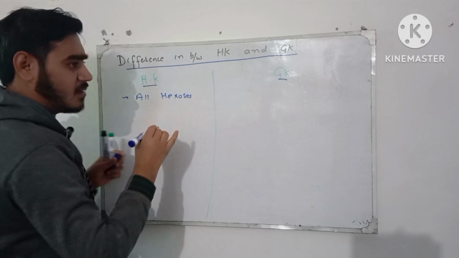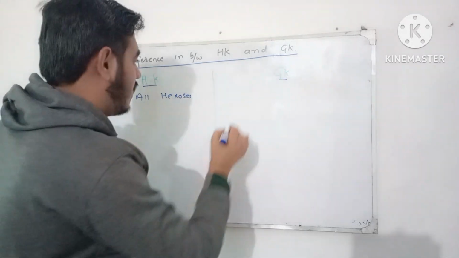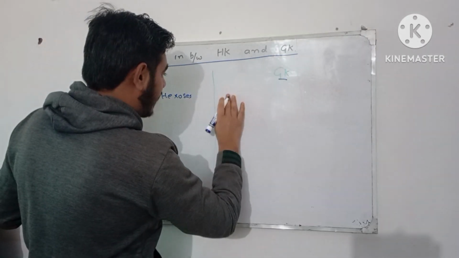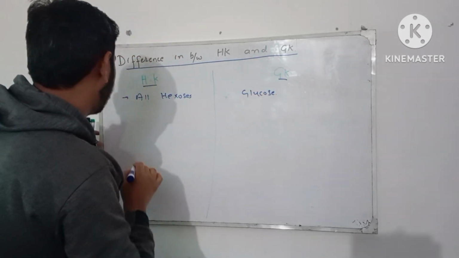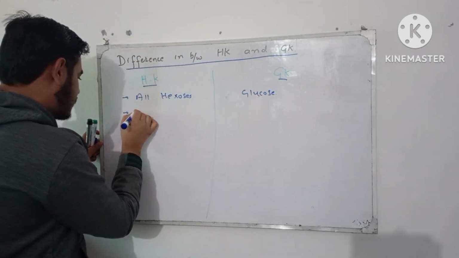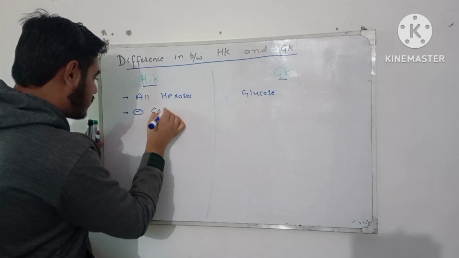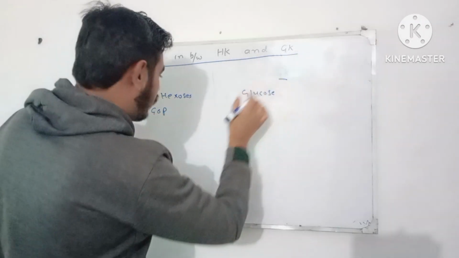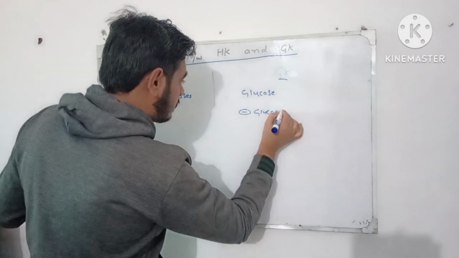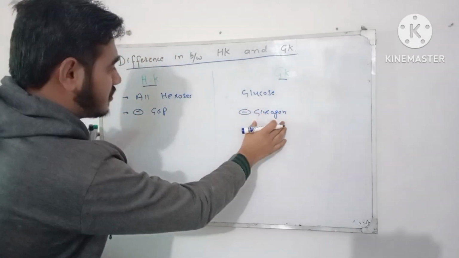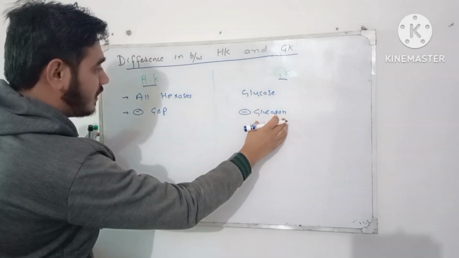Hexoses means 6 carbon atom containing sugars. Glucokinase enzyme acts only upon glucose. Hexokinase enzyme is inhibited by glucose 6 phosphate. Glucokinase enzyme is inhibited by glucagon, a hormone which is secreted by alpha cells of islets of Langerhans.